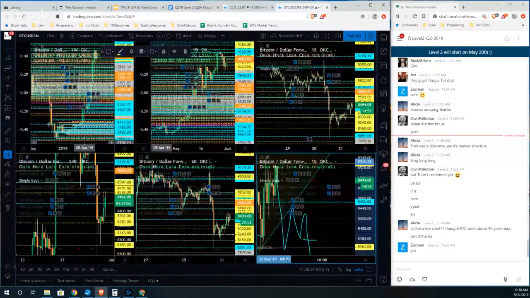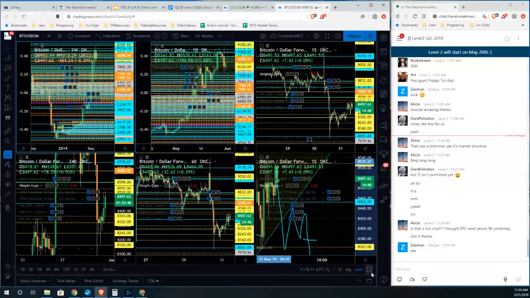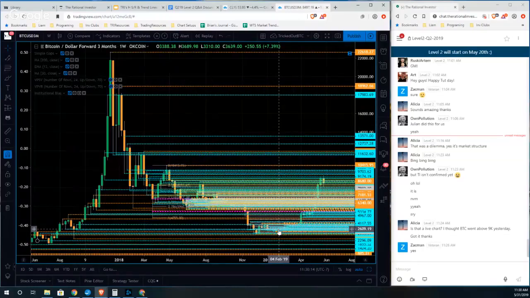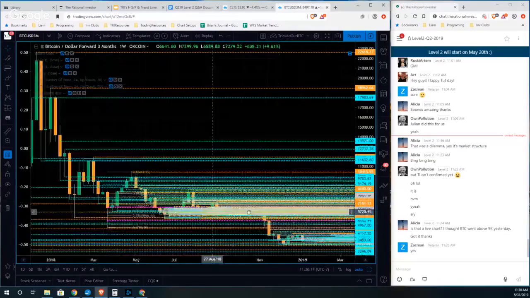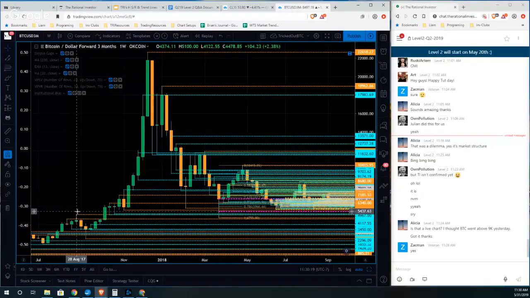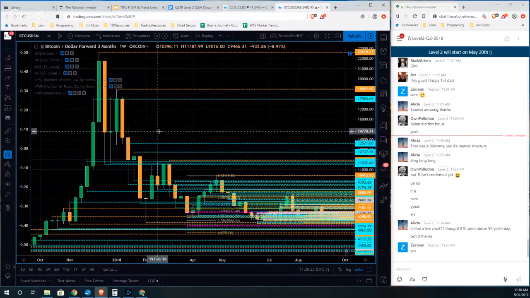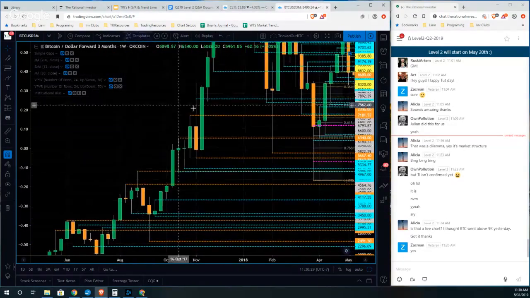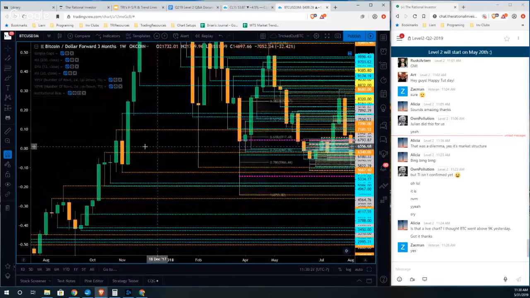I would also say, kind of like what we showed here, there's no reason why you can't be hunting weekly levels and daily levels for swing trade ideas. So this is the big weekly chart, and the weekly levels off of here I've done in this orange color. Say the market comes screaming down into these weekly levels.